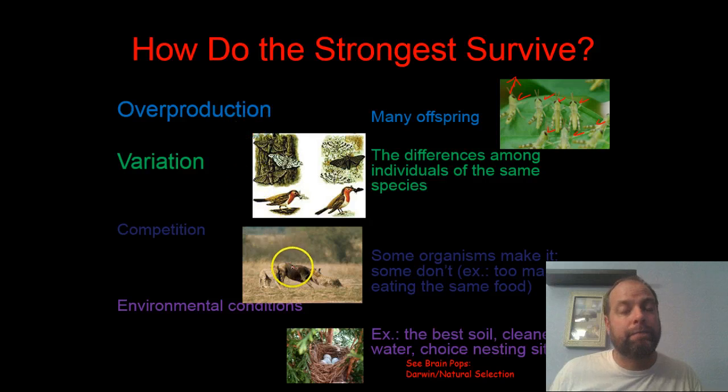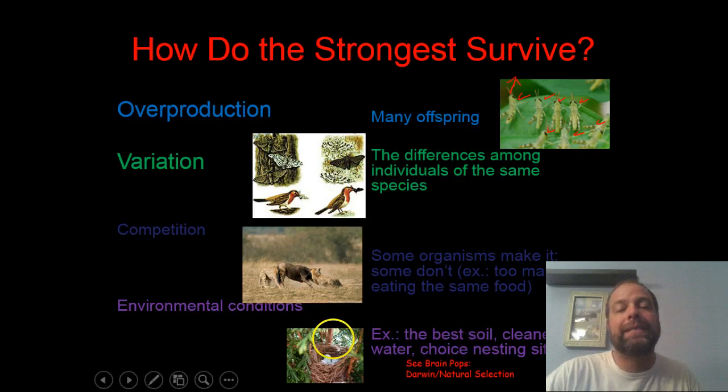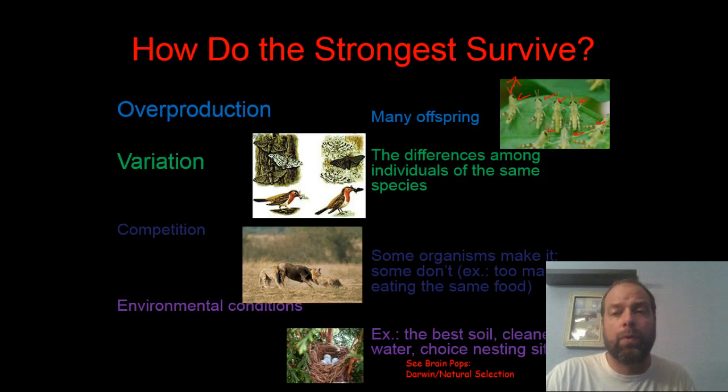It's a competition to find the correct amount of food. It's a competition to run away from predators. It's a competition to find the best soil if you're a plant. It's a competition to find the best nesting site if you're a bird. So there's competition out there in order for an animal to survive.